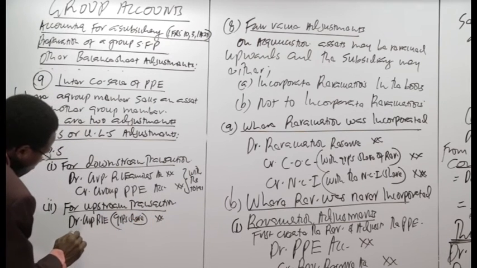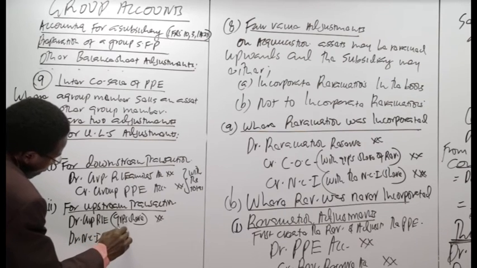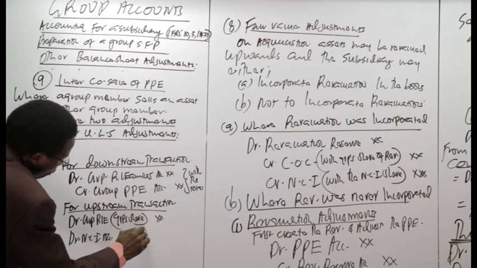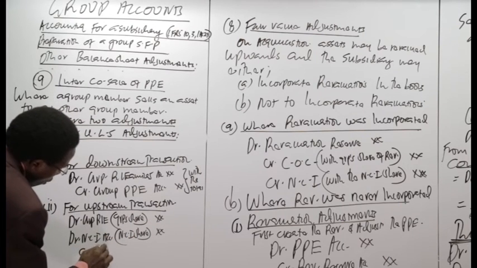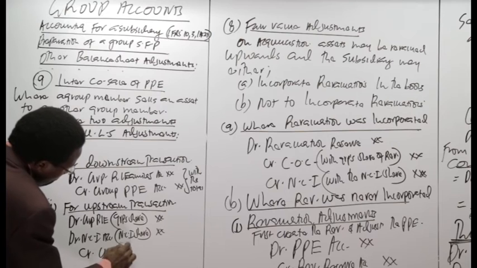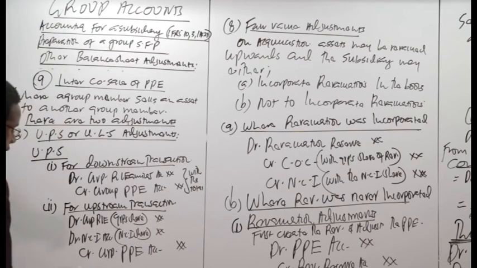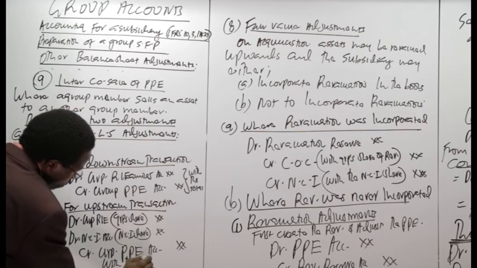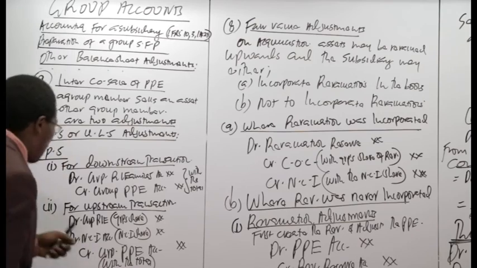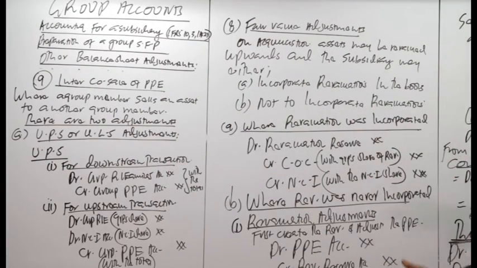We also debit the NCI account, NCI share of the unrealized profits. Then you credit the group PPE account with the total. So that's exactly what you need to remember when it comes to unrealized profits.